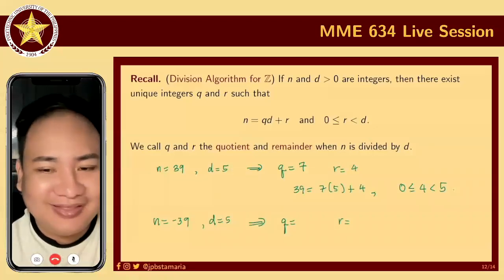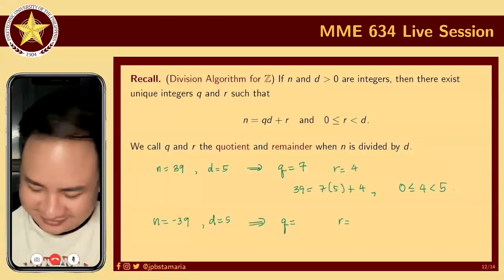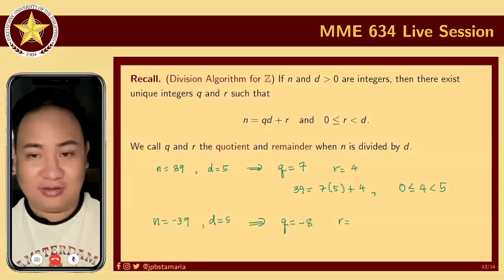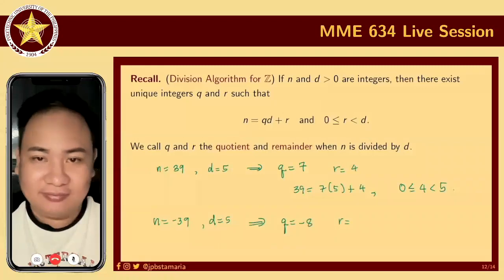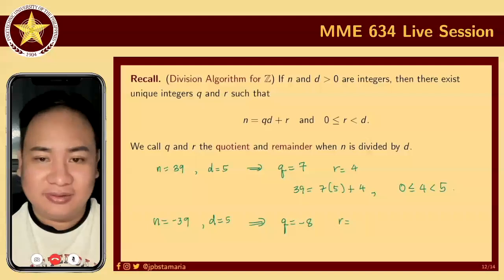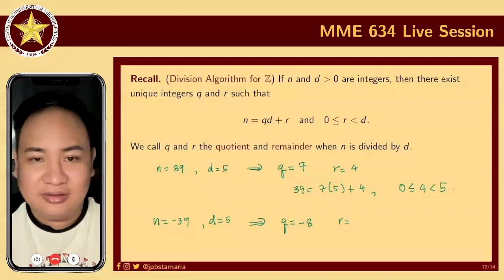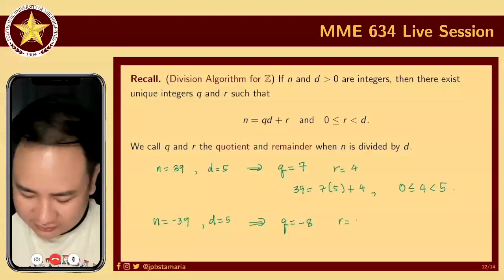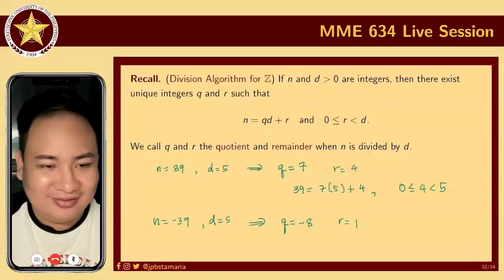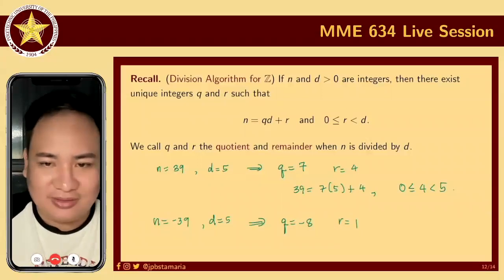Negative 7? No, Q must be minus 8. Bakit dapat minus 8? Para ang QD ay negative 40. Ang R ko ngayon magiging 1. Nakuha nyo, why must it be minus 8 and 1?